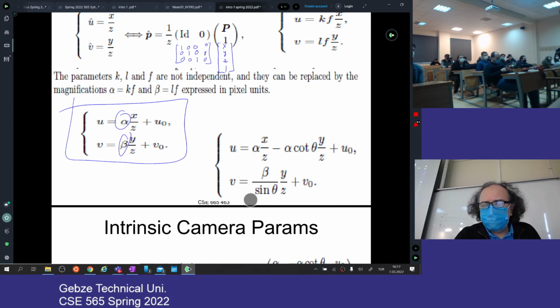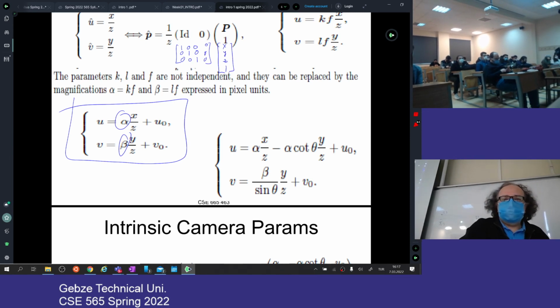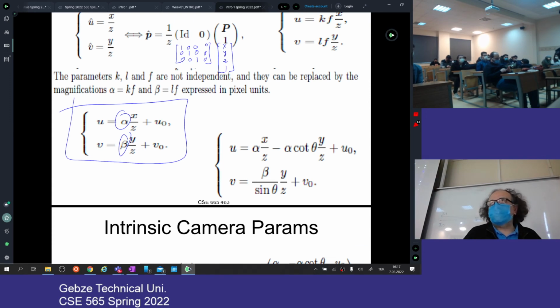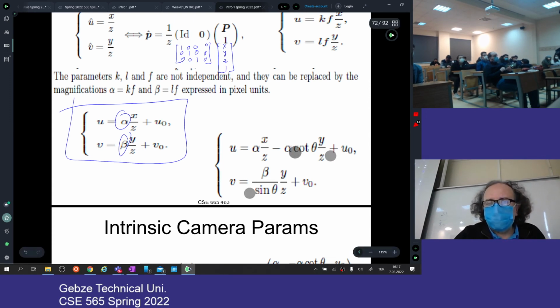It is 1. So it is going to be v equal to beta times y over z, right? And what is the cotangent of 90 degrees? It is 0. So it's going to be alpha times x over z plus u0. Right? So it will drop down. So if theta is perfect 90 degrees, then it is this one. If it is not, then it is this one. We are going to assume that it is not perfect 90 degrees. So we are going to use this formula.